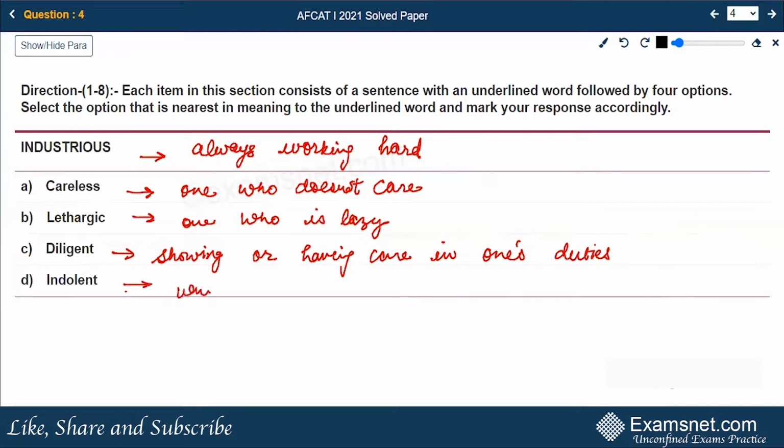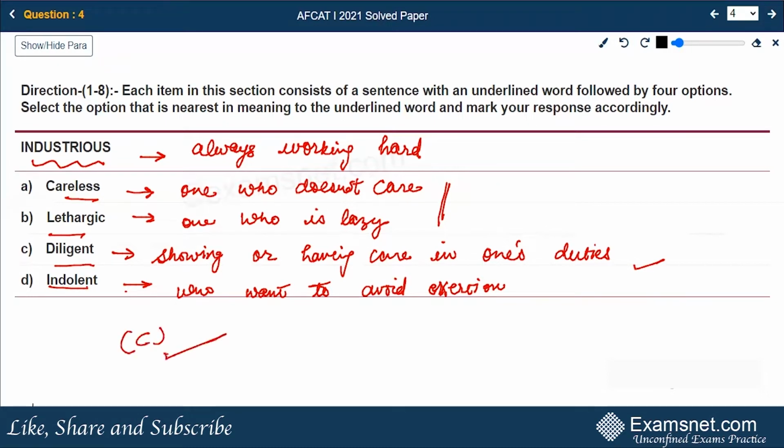Indolent, one who wants to avoid exertion. So industrious has the same meaning as diligent, because careless, lethargic, indolent are the antonyms of industrious. So option C is your answer.